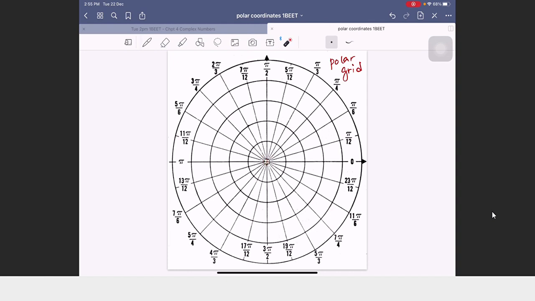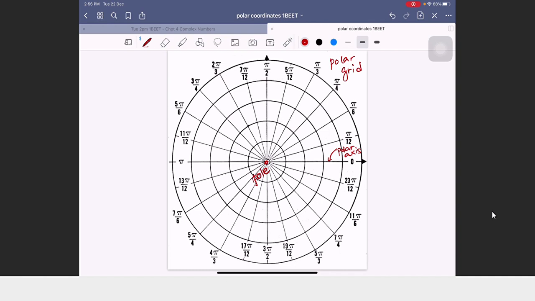Pole, P-O-L-E. And this line going this way is what we call the polar axis.